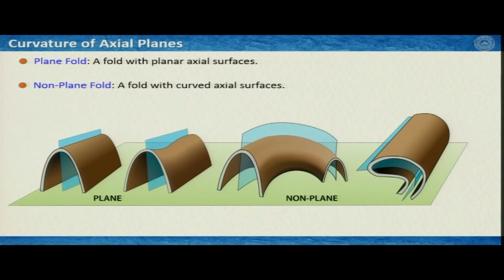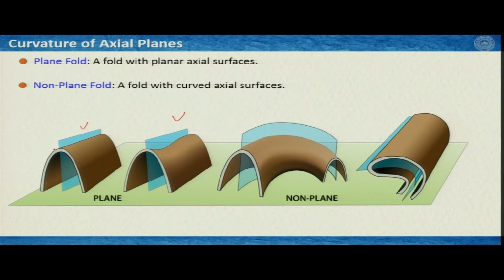And here are 4 illustrations for you. The first 2 are examples of plane folds. I have drawn these 2 illustrations to convey the message that the orientation of the fold axis does not necessarily justify whether the fold would be a plane fold or non-plane fold.